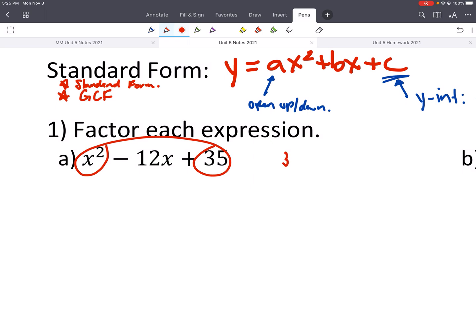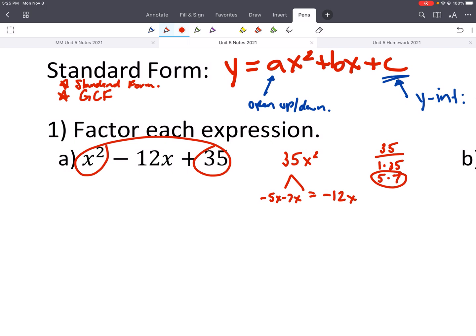So we need to find something that multiplies to 25x squared and adds to give us negative 12x. If you're ever stuck, write down some factor pairs, like 1 and 35. 2 doesn't go in, 3 doesn't, 4 doesn't, 5 and 7. And I think that's about it. So the only thing that would make that work would be 5 and 7, and they would both need to be negative.